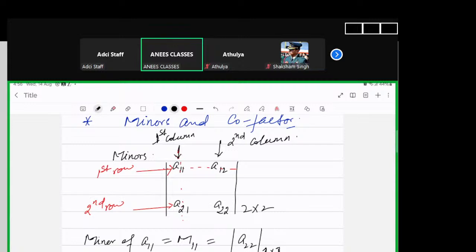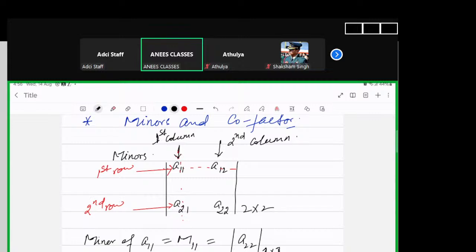First row contains A11, A12. Second row contains A21, A22. First column contains A11, A21. Second column contains A12, A22.